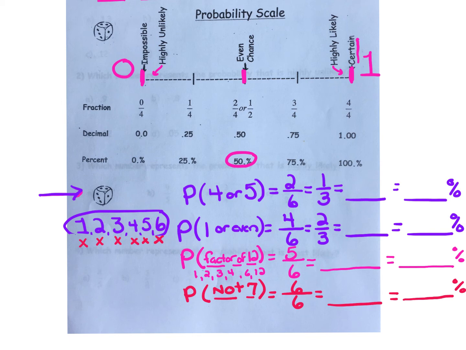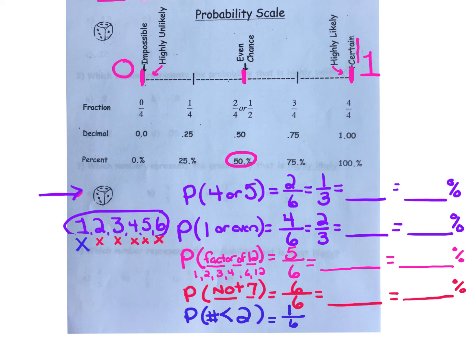And finally, one last problem. For our last problem, you're a winner if you get a number less than 2. Well, out of 6 possible outcomes, there's only one number less than 2, and that's the number 1.